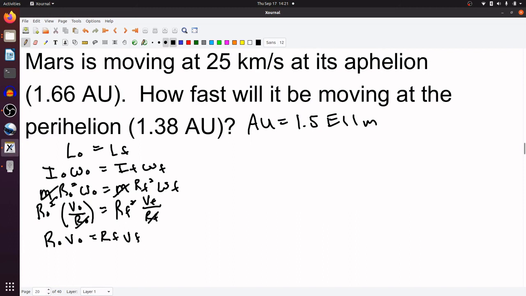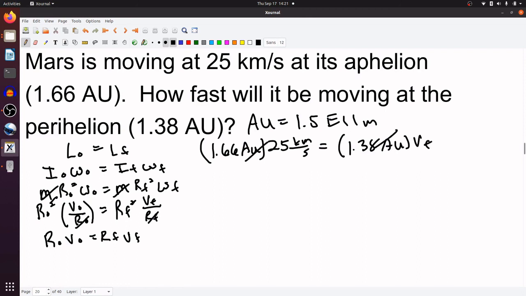All right, r naught is 1.66 AU, times 25 kilometers a second, equals 1.38 AU times v f. AUs go away. Because even if I put in the 1.5 times 10 to the 11th, notice that it would cancel on both sides. And so it makes my life a little bit easier. So 1.66, I'll multiply that by 25, and I'm going to divide that by 1.38, and we will get around 30.1 kilometers a second.